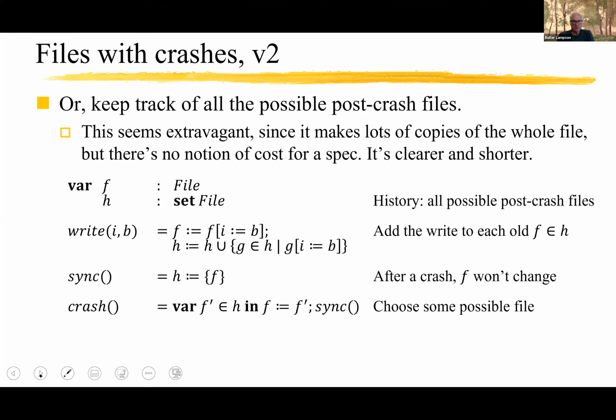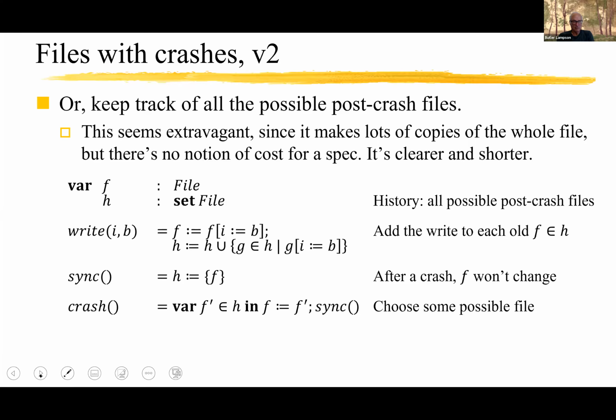So that adds to the history all the possible new files, each one with the available change. And we took the union here, so we still have all the files that existed before the write as possibilities. Sync truncates the history so that it just consists of the file F. And then what crash does is it just picks one of these possible files out of H and puts it into F.